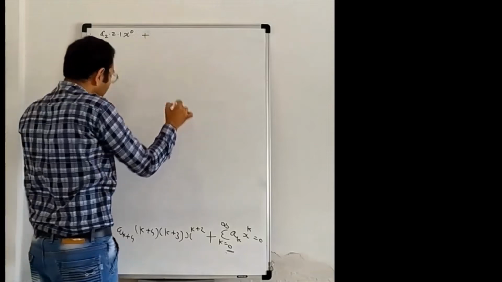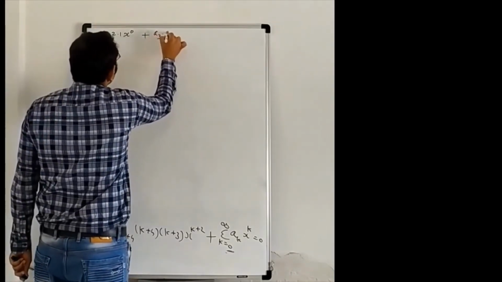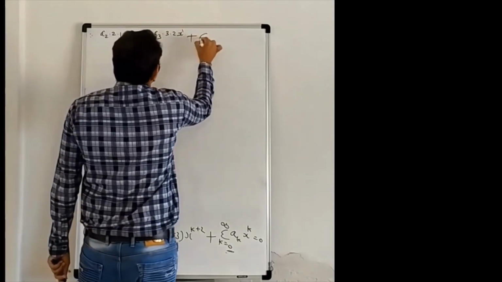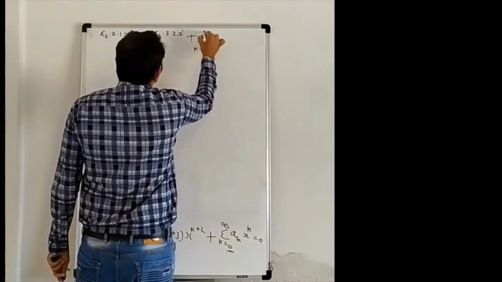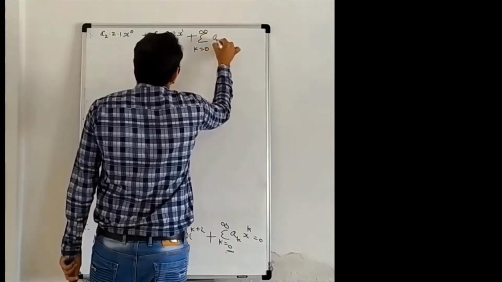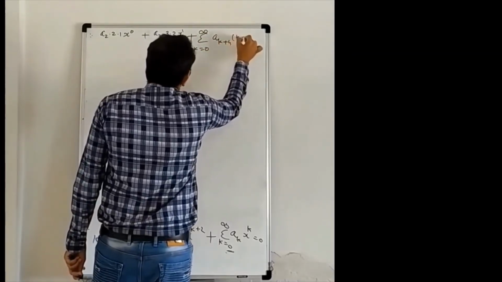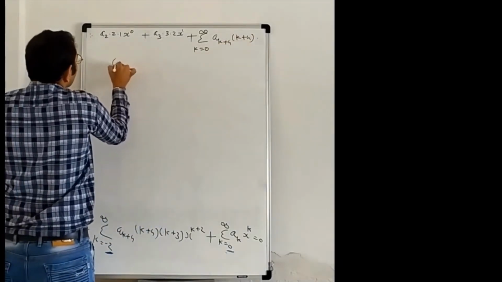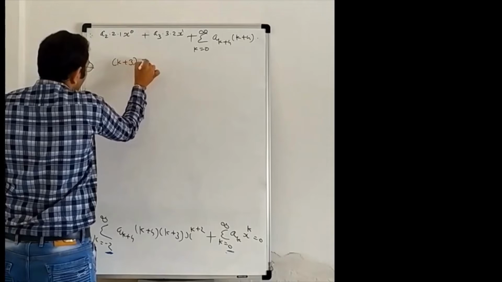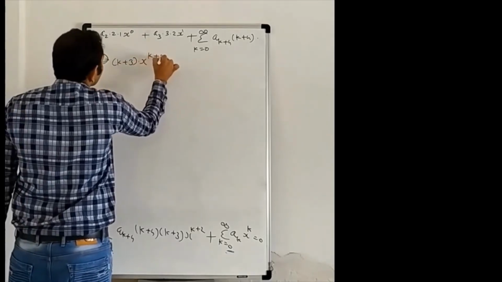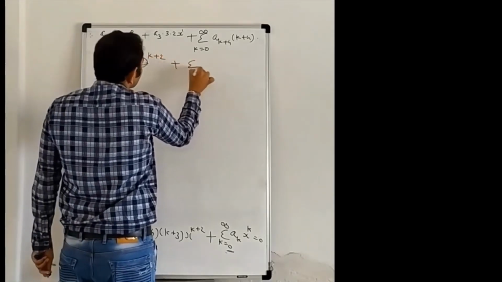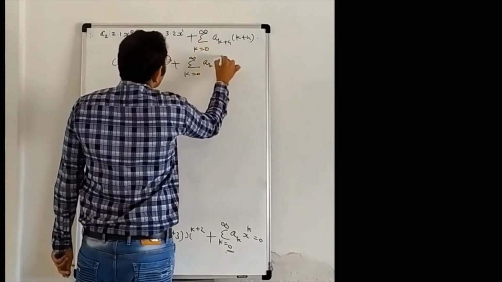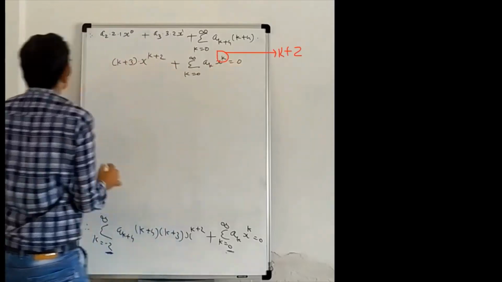Plus, putting k equal to minus 1, we get a3 into 3 into 2 x raised to 1. Plus the remaining term, summation k equal to 0 to infinity a(k+4) into k plus 4 into k plus 3 x raised to k plus 2, plus the second term, kept the same, ak x raised to k, summation k equal to 0 to infinity, equal to 0.